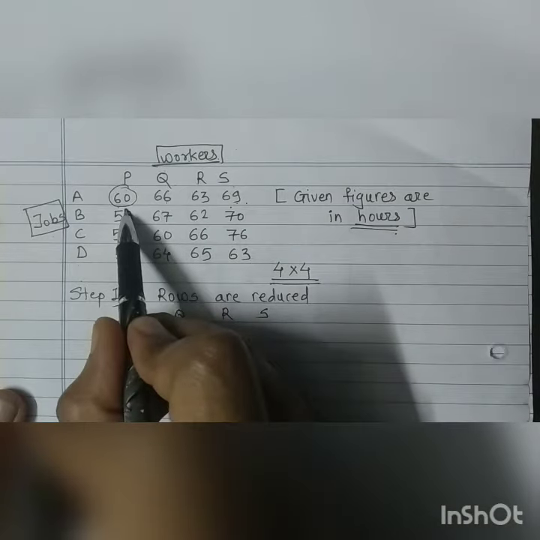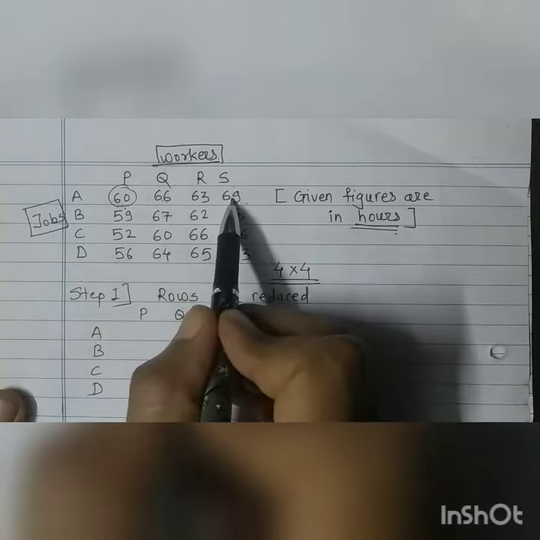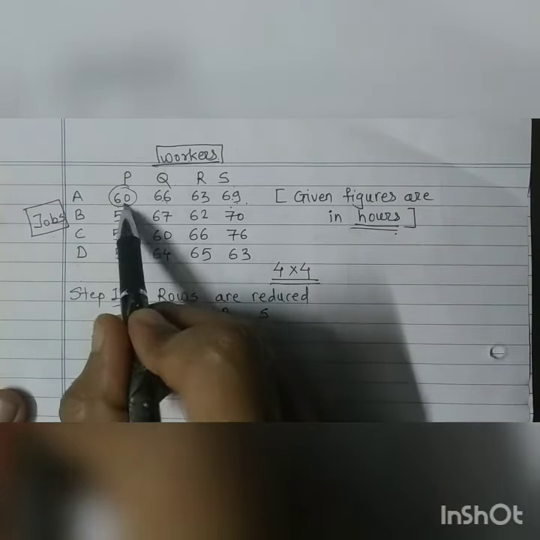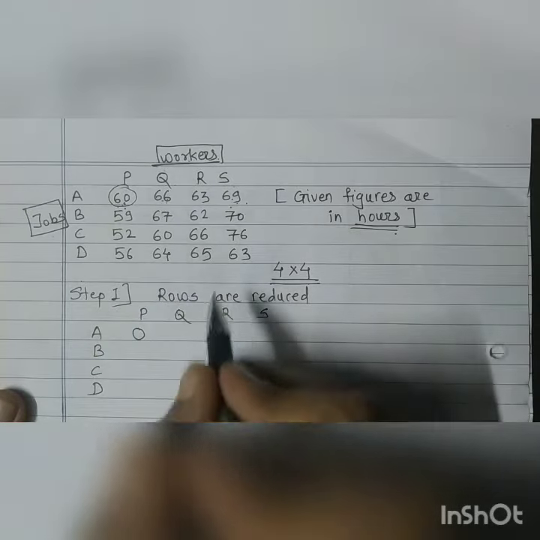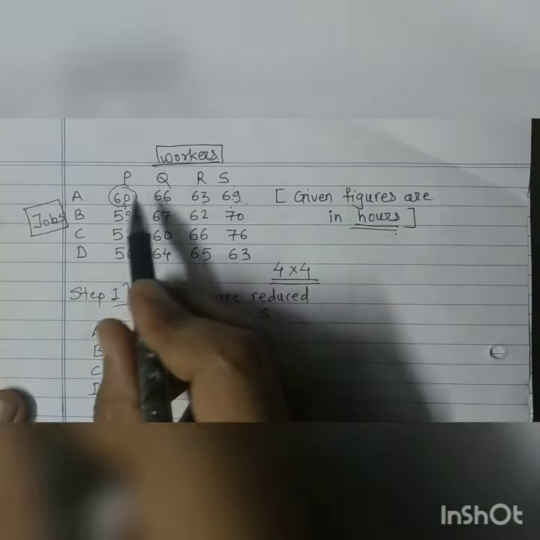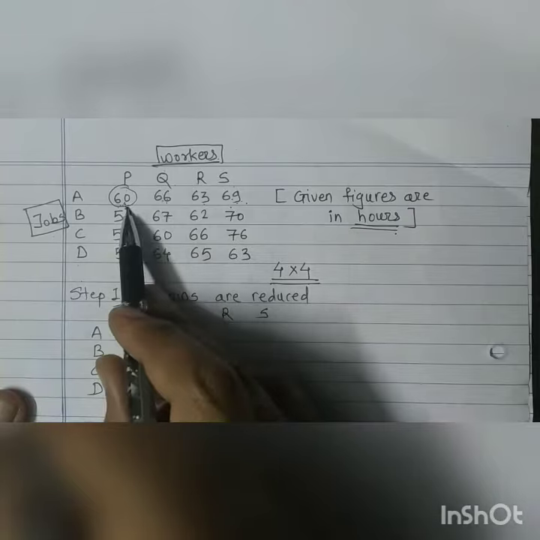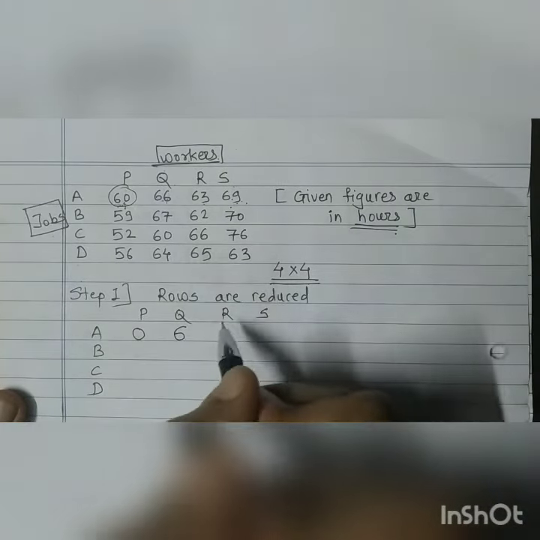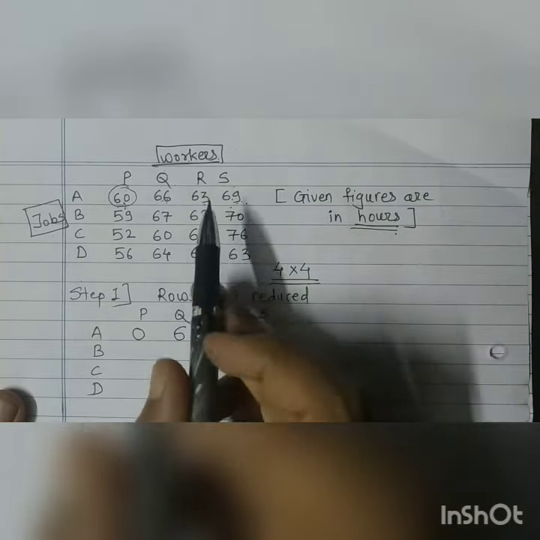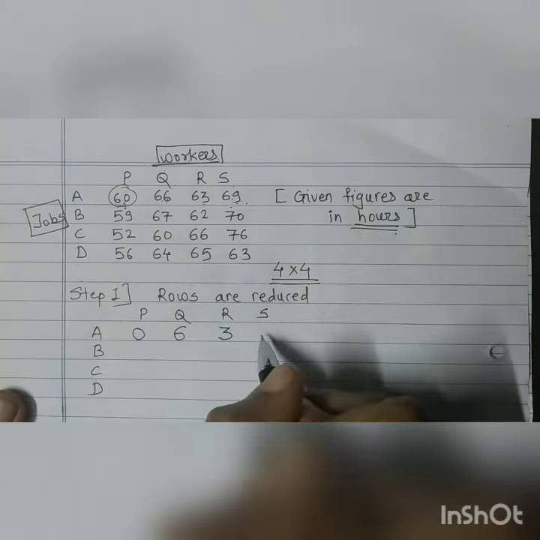Now select this 60 and subtract the smallest element from each and every element of that particular row. That means 60 minus 60 is 0, 66 minus 60 is 6, 63 minus 60 is 3, and 69 minus 60 is 9.